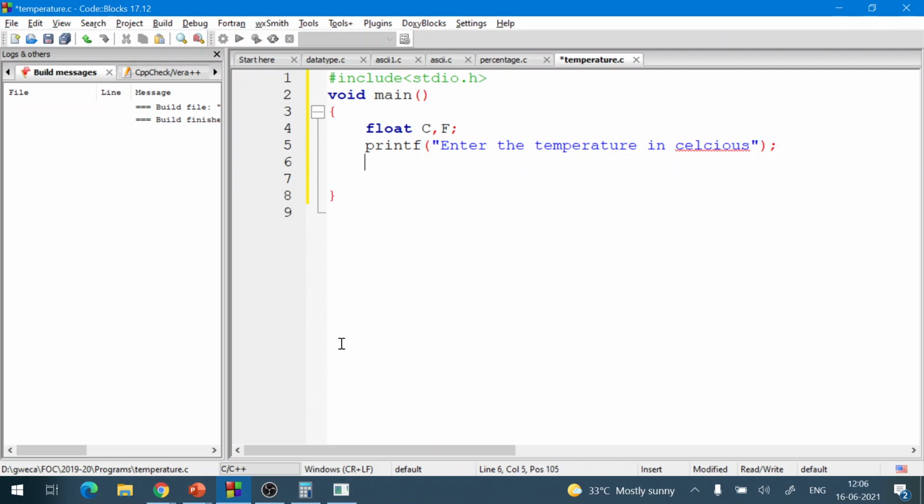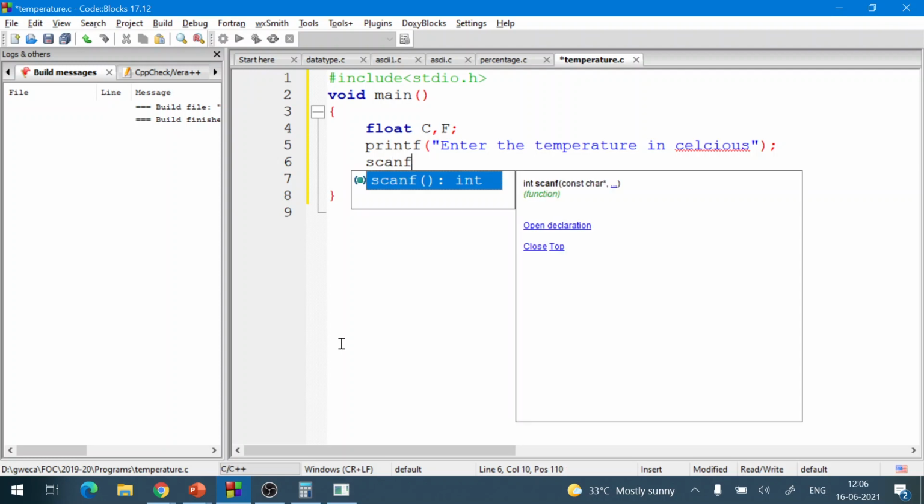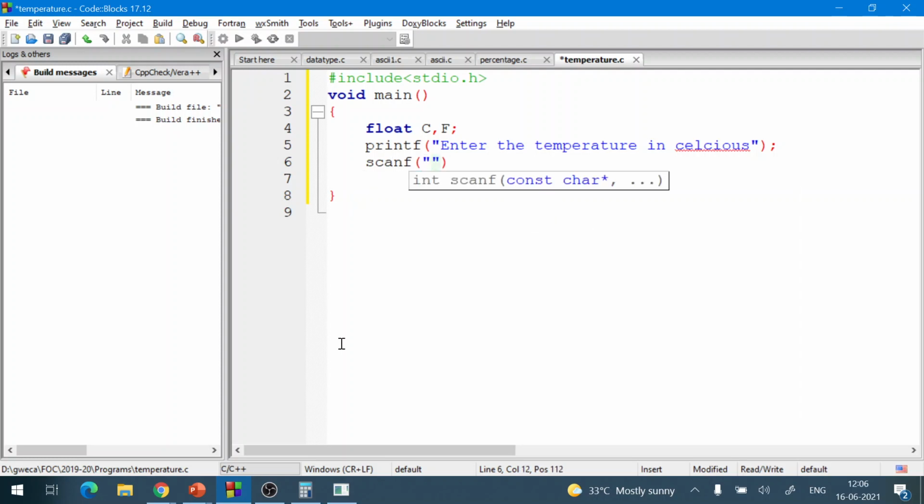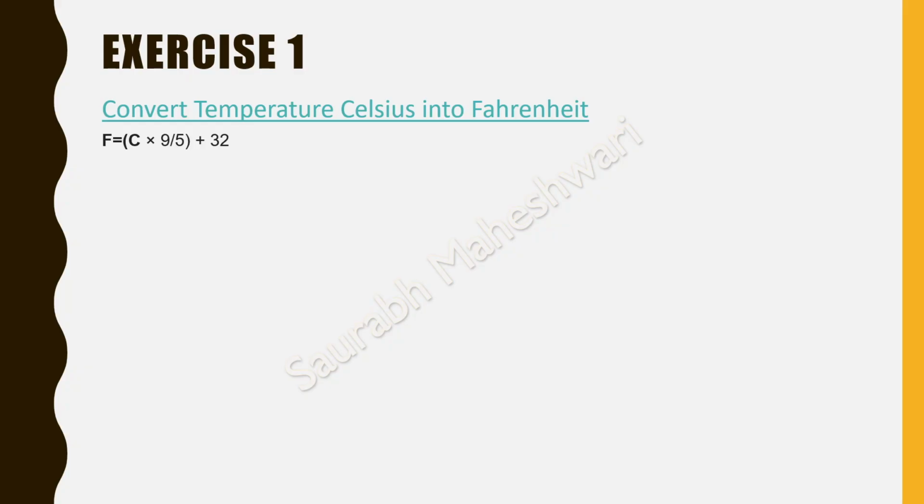Now to scan it, we require %f. Why %f? Because c is in floating point. In this way we will get the temperature input. Now what is the formula of F?